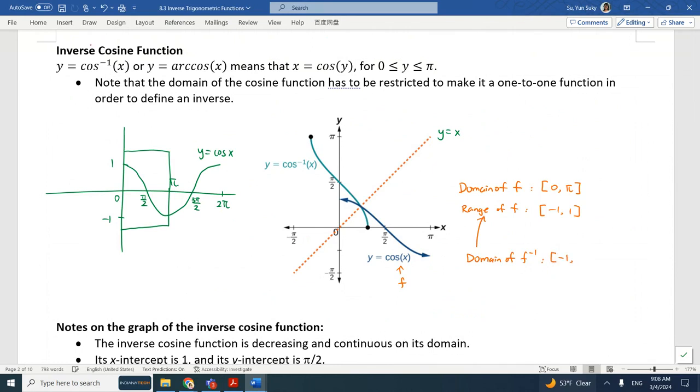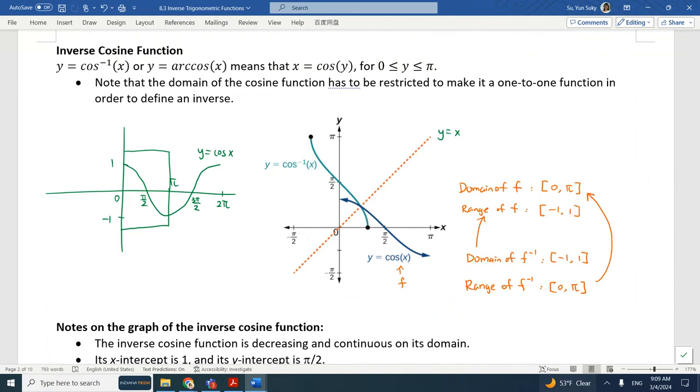So now the domain of the inverse is negative 1 to 1. You see the light blue curve is the arc cosine, and it's from negative 1 to 1. And the range of the arc cosine corresponds to the domain of the cosine, so that's why it's from 0 to pi.